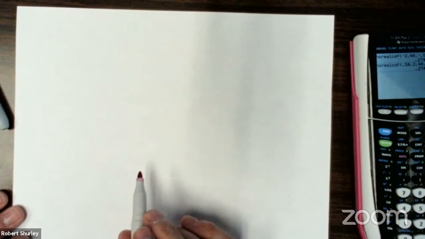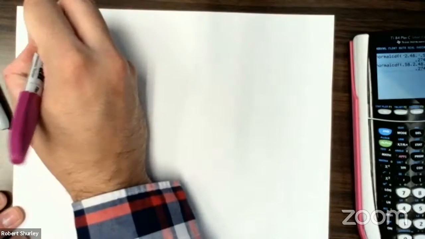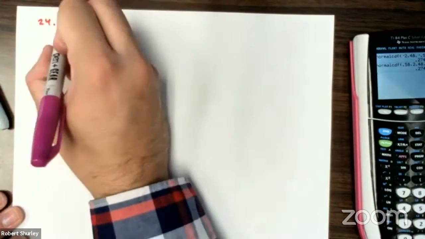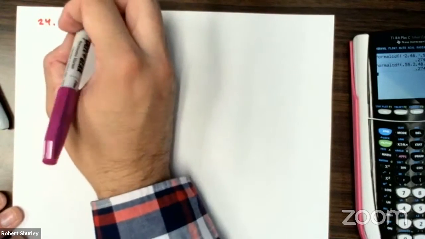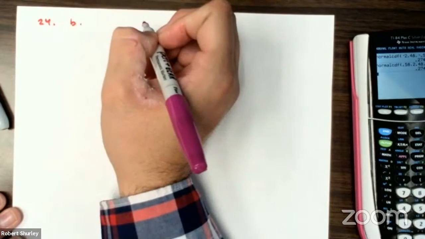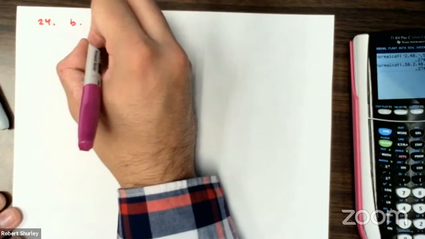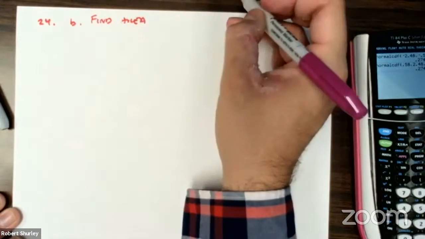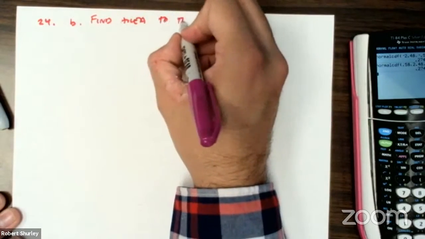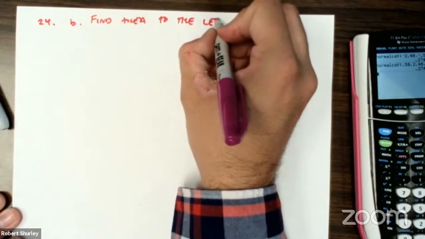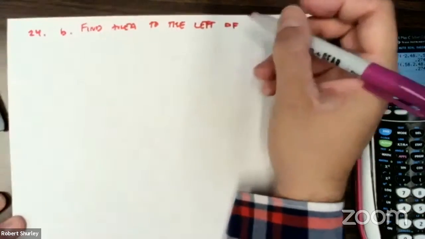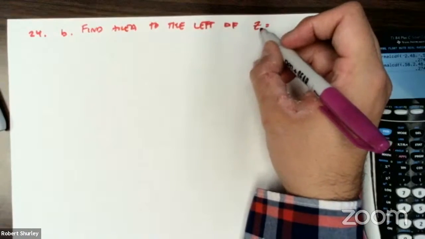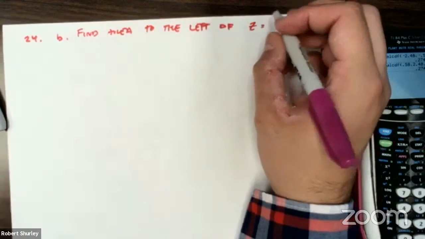So this is number 24, part B. It says find the area under the standard normal curve to the left of Z equals 0.53. I need to talk about this notation.